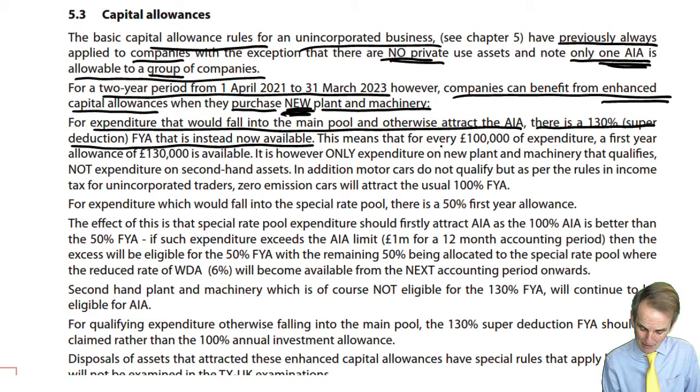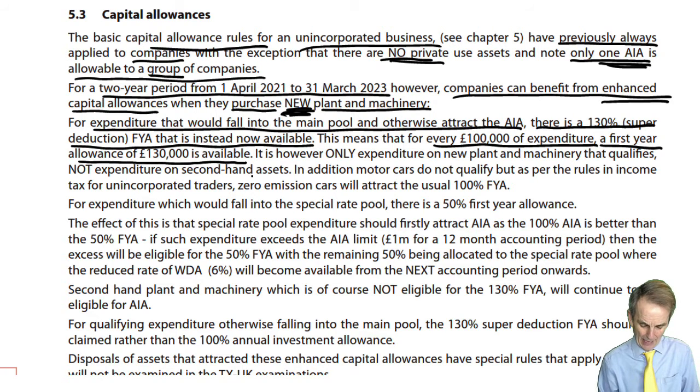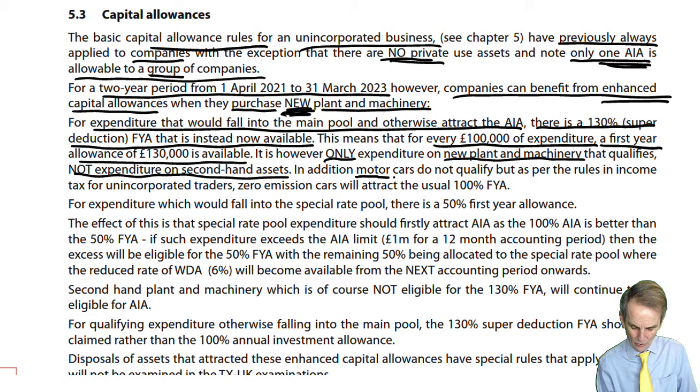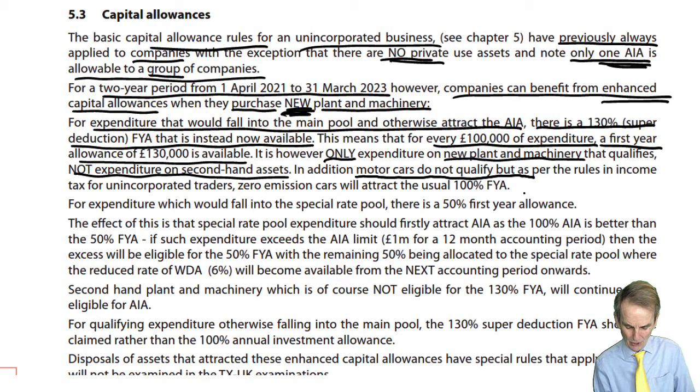Again, a very obvious statement, but yes, for every £100,000 of expenditure that qualified, a first-year allowance of £130,000 would be available. Now, again, as we've said, this enhanced capital allowance, this FYA of 130%, is only available on expenditure on new plant and machinery that qualifies, not expenditure on second-hand assets. In addition, of course, that hasn't changed: motor cars do not qualify for AIA.